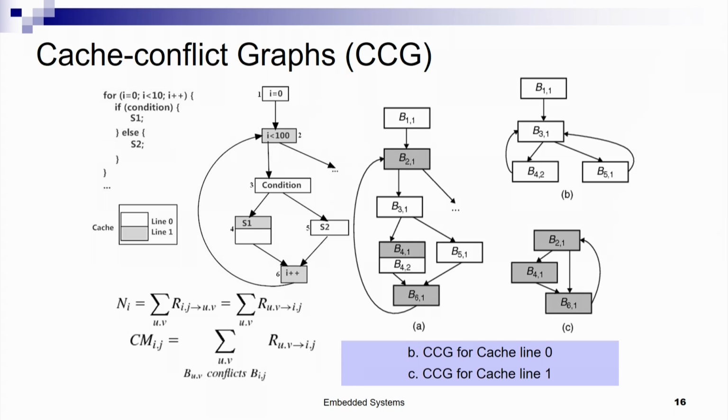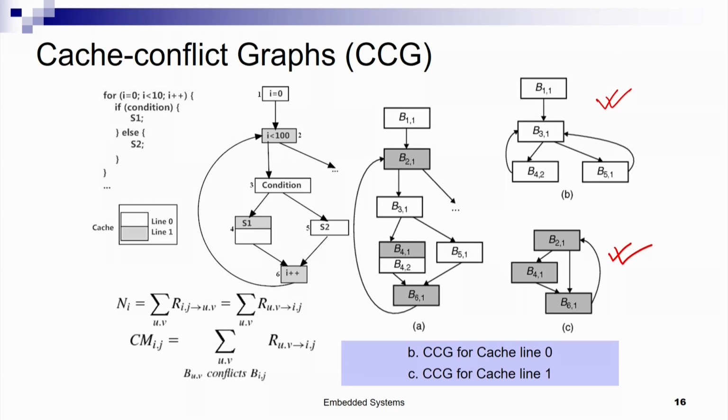What we have to do to obtain a constraint on CMij is to generate the cache conflict graphs for each cache line. As the name says, the cache conflict graph shows the conflicting memory blocks for this cache line.